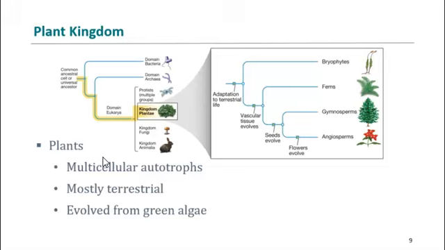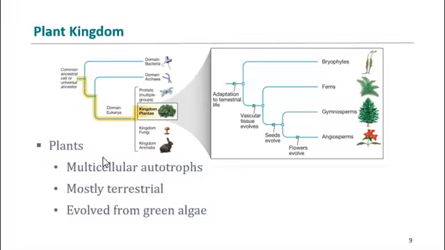Now, for the most part, most plants are going to be terrestrial, meaning that they live on land. So we find them growing on land. Now, there are some aquatic plants like seagrasses that do live in the water. So don't get completely confused, because there are some that you can find growing in the water or at least completely submerged in water.